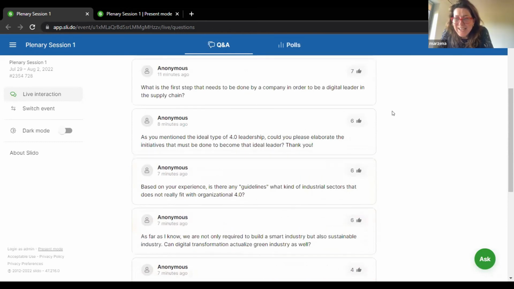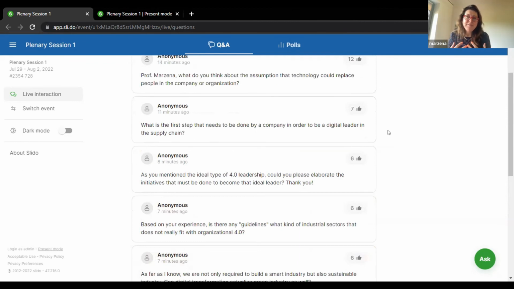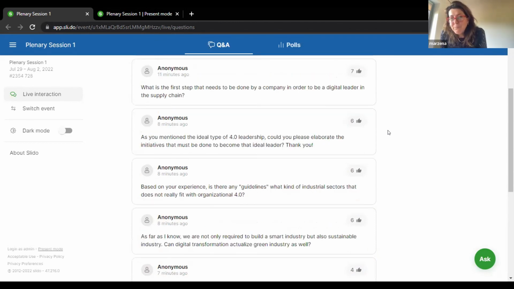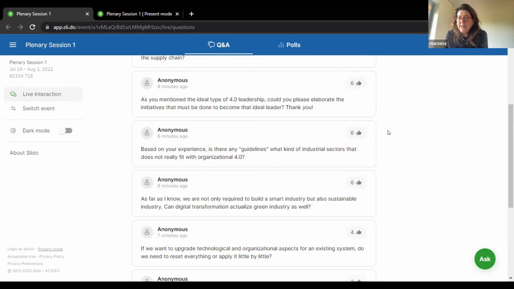Okay. Yeah, with leadership, the problem is that we have ourselves, our features. Naturally, we can be more or less oriented to the people or to the technology.